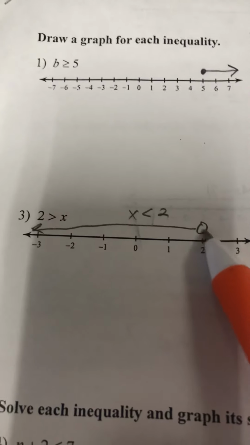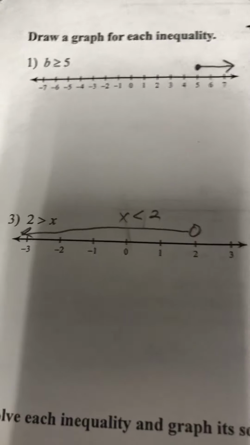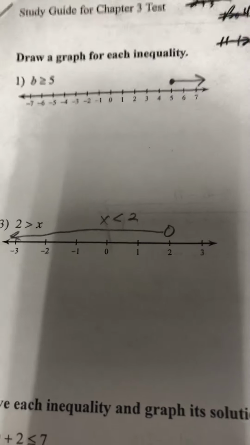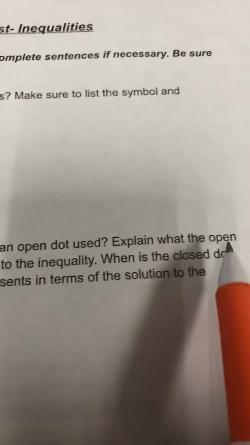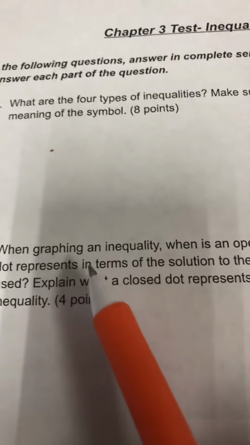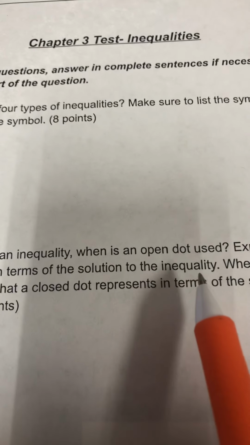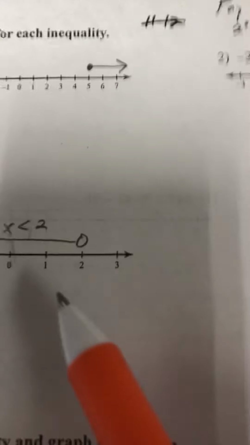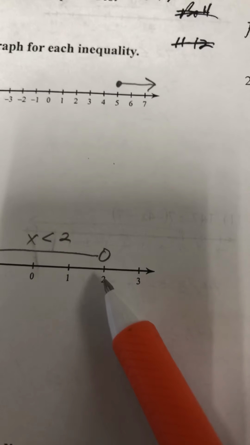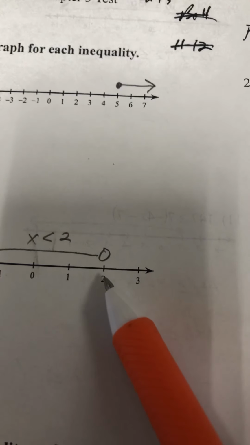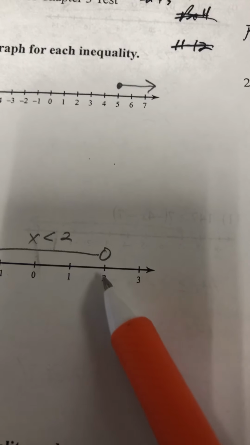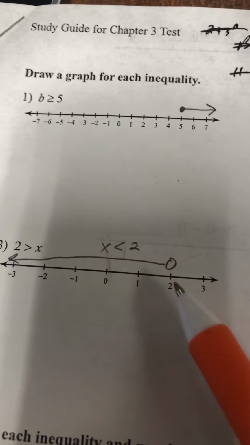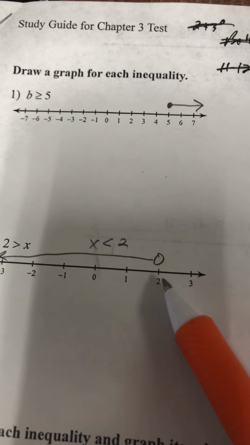Why is there an open dot being used here? This was from your test study guide. And then explain what the open dot represents in terms of the solution to the inequality. In other words, does this mean that the 2 is included or the 2 is not included? Could the solution set equal 2 or not?